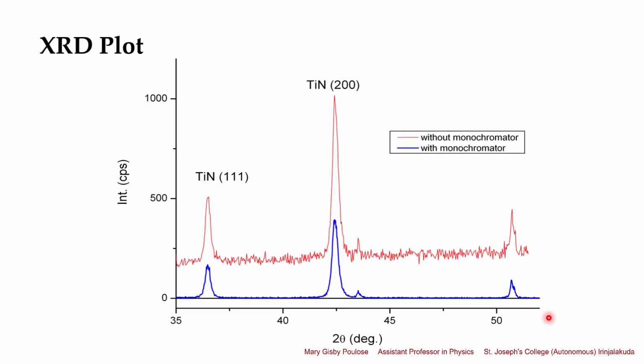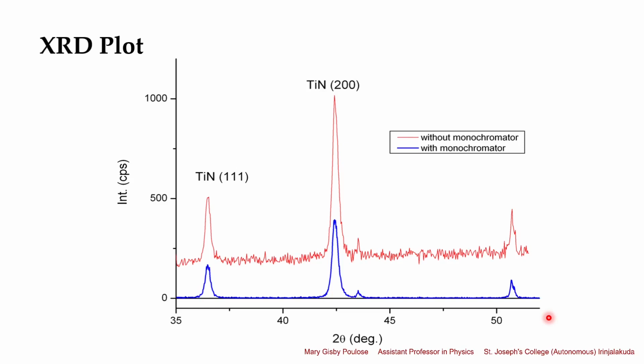Different colors represent the XRD plot at different temperatures. Now, this is another XRD plot. Here, we have taken the XRD of a titanium nitride substrate under two different conditions, using a monochromator and without a monochromator.